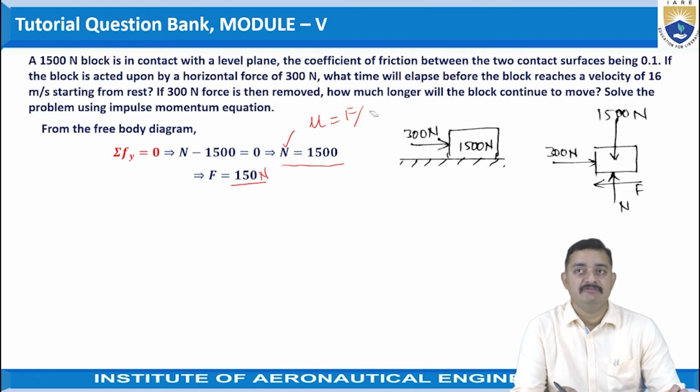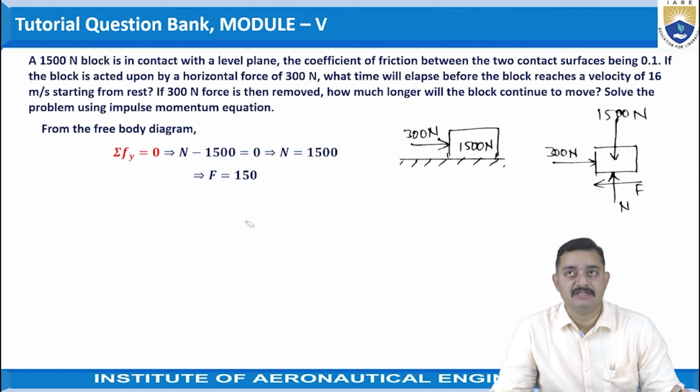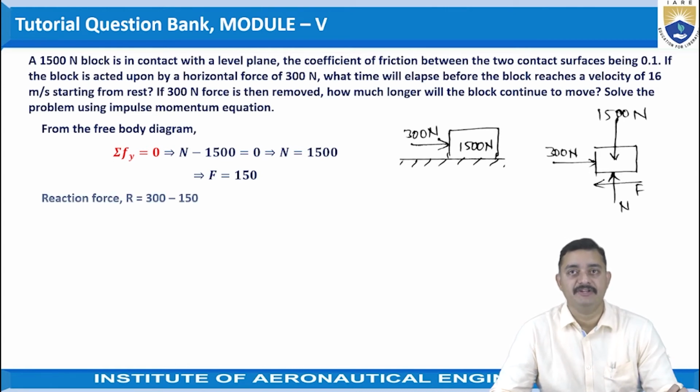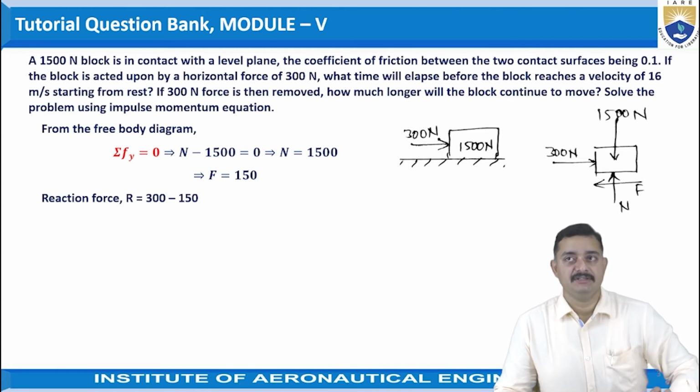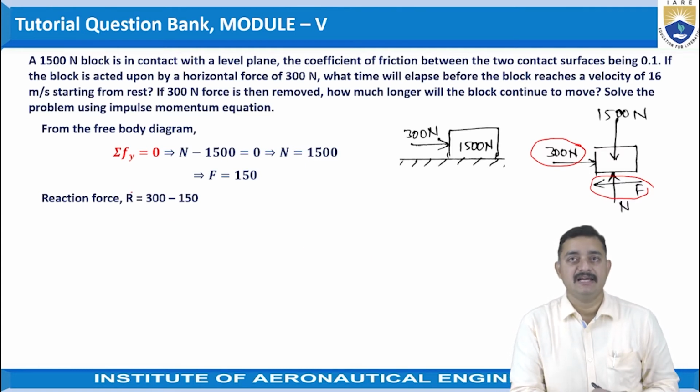So, in this way, when we have applied the sigma Fy equation, the condition of equilibrium, we have obtained the value of F as 150 newtons. Now, for the reaction force, if we consider all the horizontal component forces equal to 0, we get two forces: 300 newtons and the friction of 150 newtons.